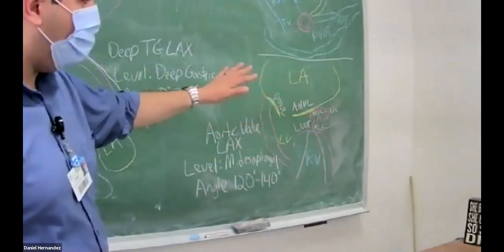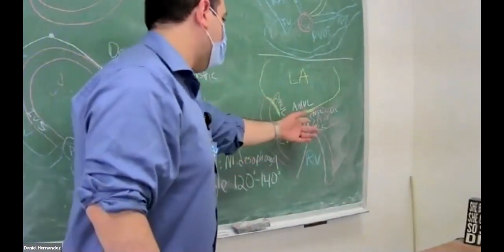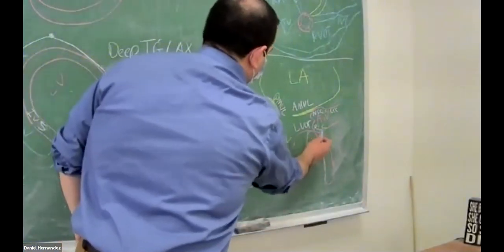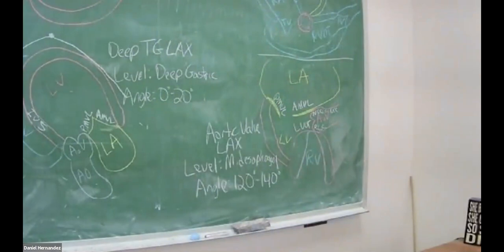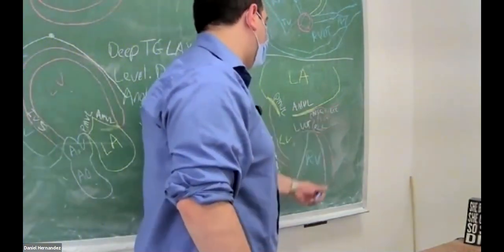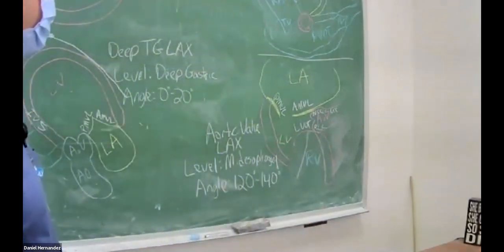If we angle more to the left, we're able to visualize the left coronary cusp, or we can visualize the non-coronary cusp. But just remember that this posterior one is going to be your right coronary cusp. With slight angulations, you'd be able to visualize the non-coronary or the left coronary, and you also visualize the right coronary cusp from that view.